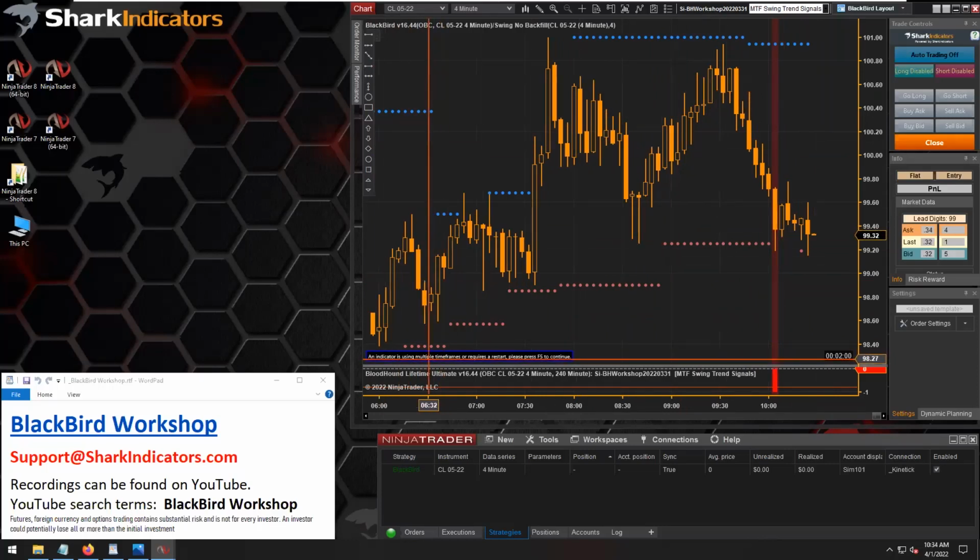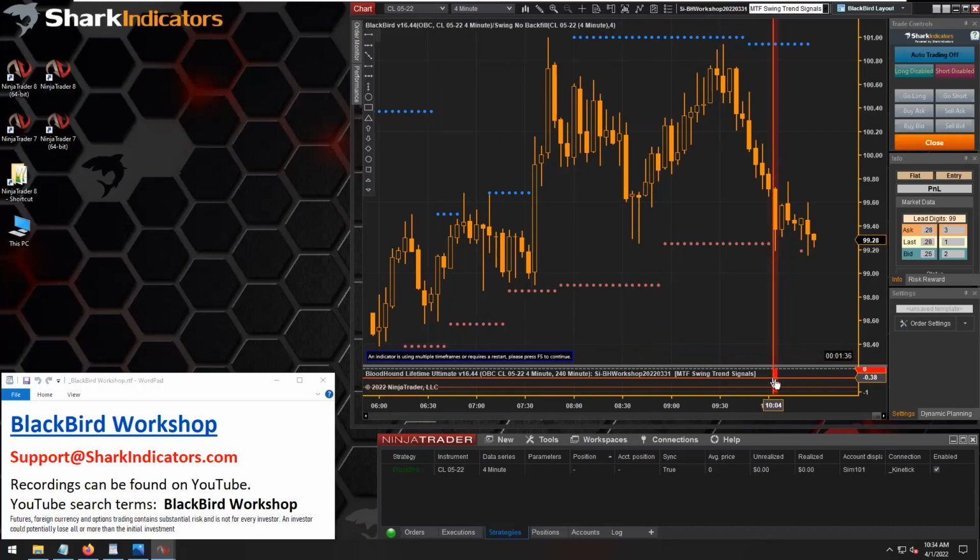That's BlackBird telling you that we need to refresh the chart in order to get the Bloodhound loaded onto the chart, and also to load the higher time frame data. BlackBird needs to have that higher time frame data loaded in for the Bloodhound signals.